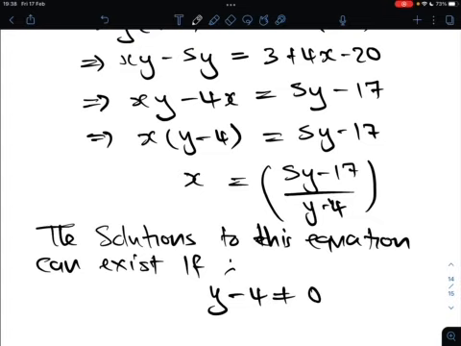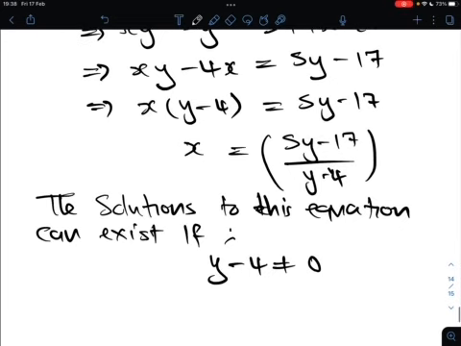So we know that we'll always have solutions every time y minus 4 is not equal to 0. So this implies y must never be equal to 4. So we see that every y can work except 4.